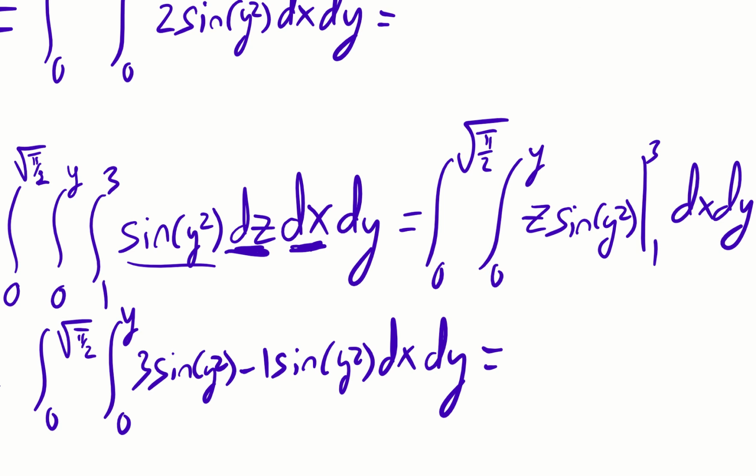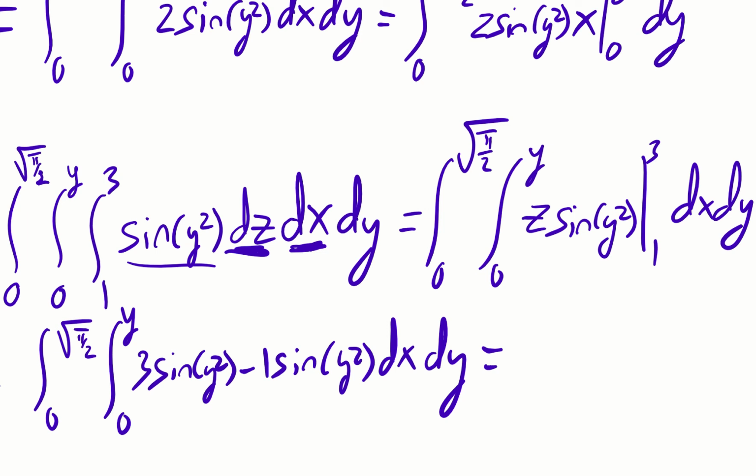The nice thing is that with respect to x, 2 sine y squared is constant, so we get the integral from 0 to radical pi over 2 of 2 sine y squared times x, evaluated from 0 to y, dy.